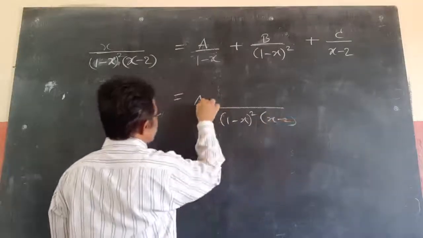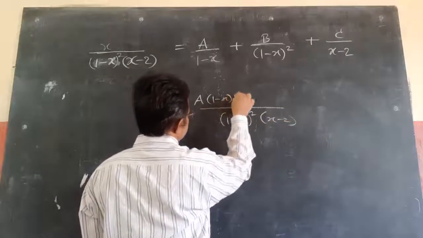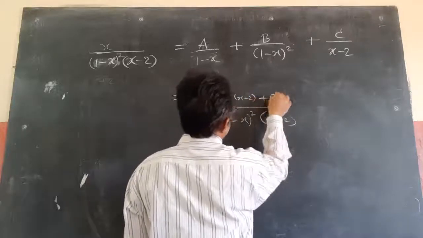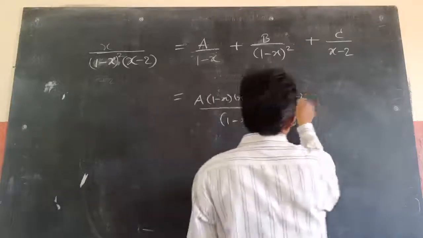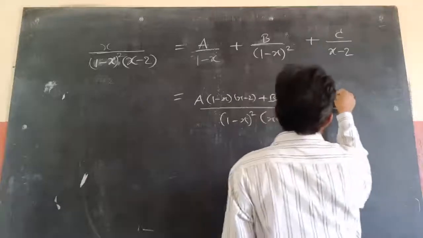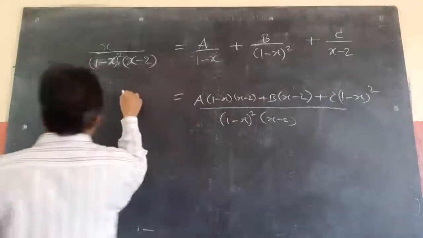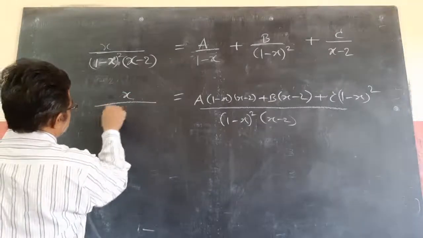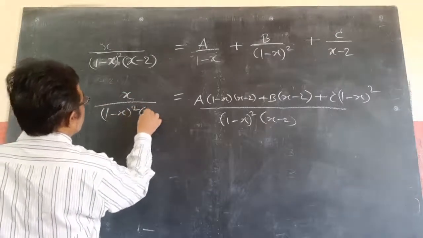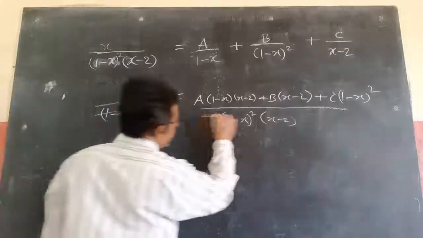So this is A into 1 minus x into x minus 2 plus B into x minus 2 plus C into 1 minus x whole square as is. And on this side, x by 1 minus x whole square into x minus 2 gets cancelled.